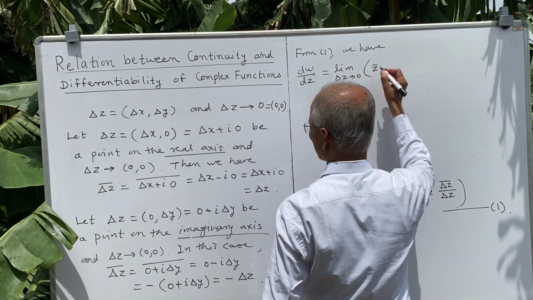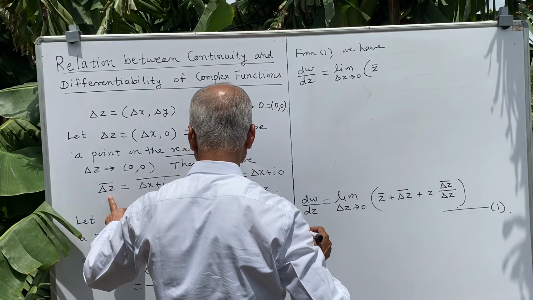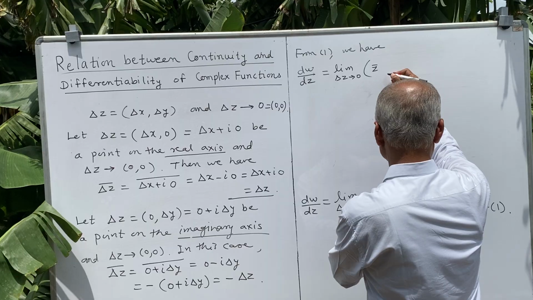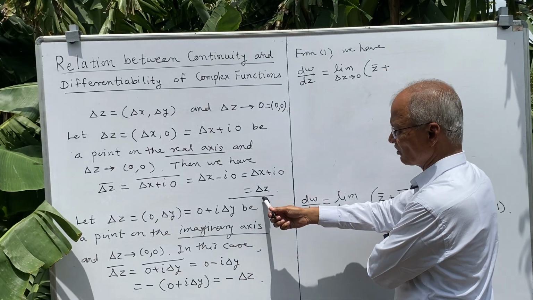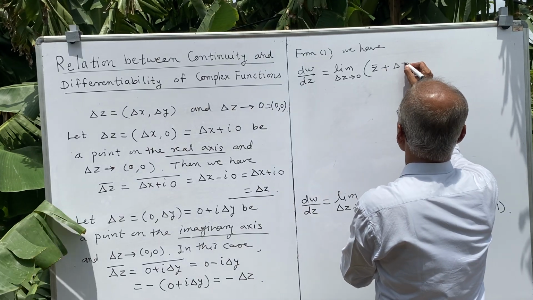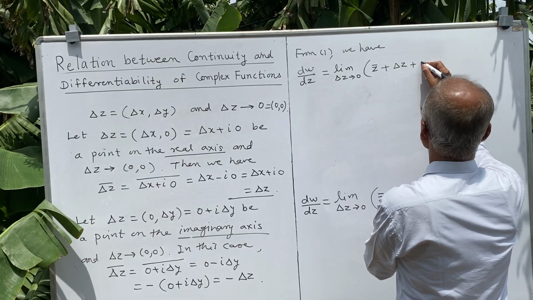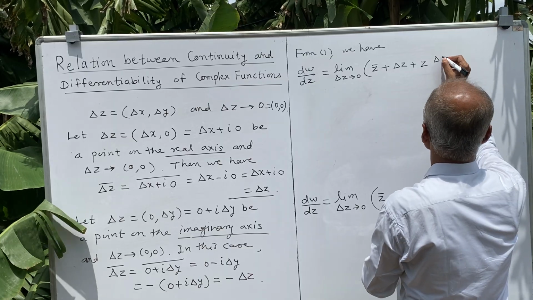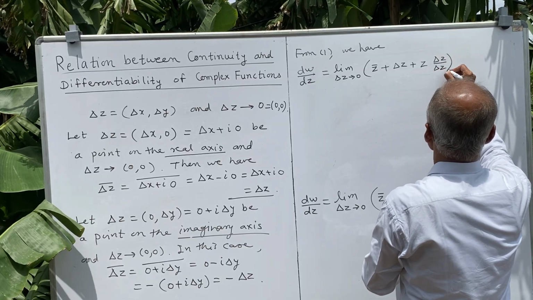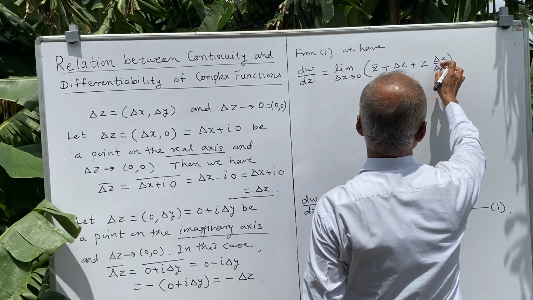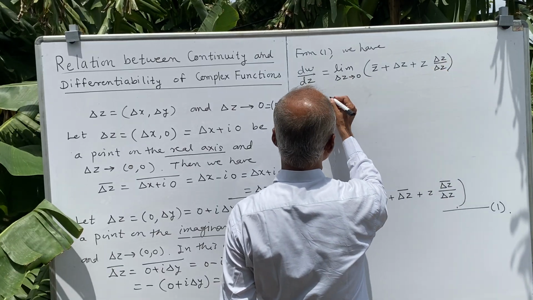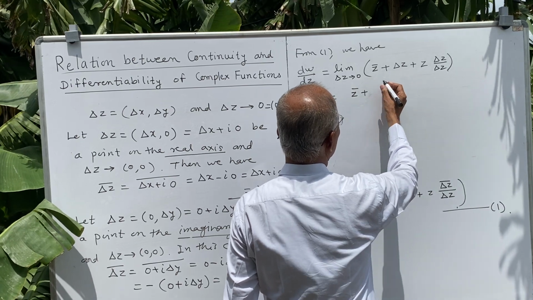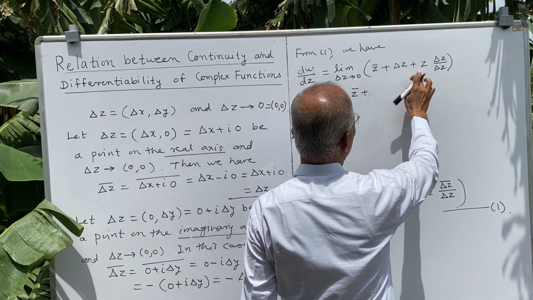We use the first case, where the conjugate of delta z is equal to delta z. Then z bar remains as it is, and this becomes z bar plus z into delta z divided by delta z, which is 1, and this is equal to z bar plus z.